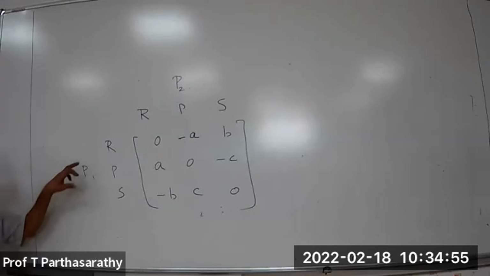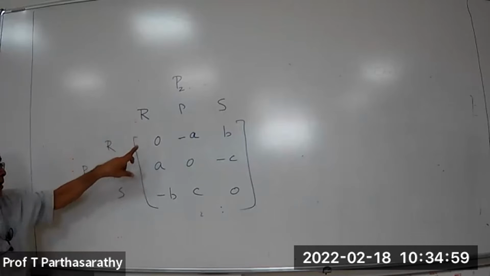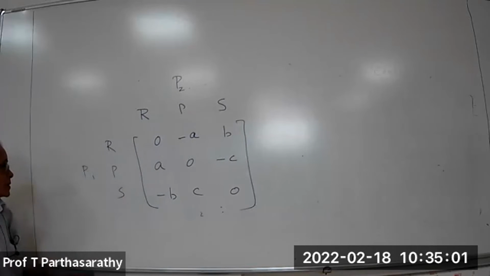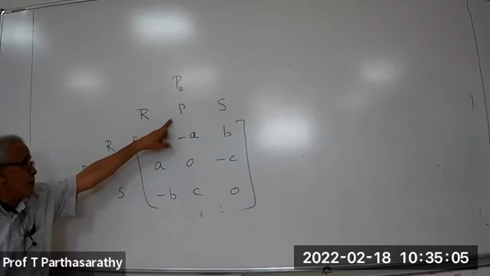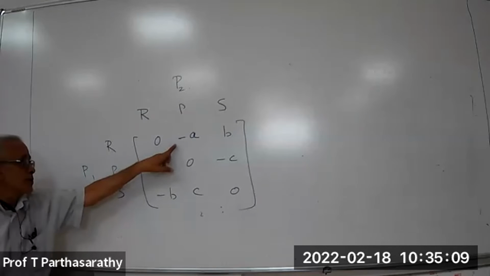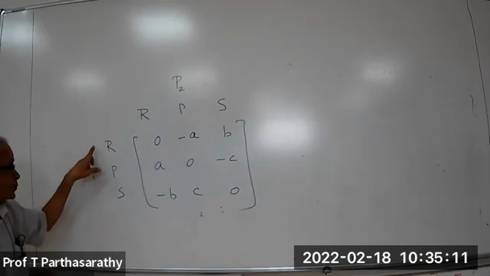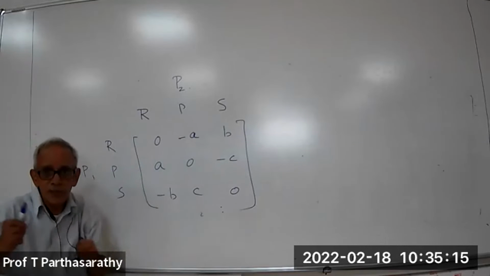What it means is player 1 chooses rock, and if the other person also chooses rock, then player 1 gets 0. If player 1 chooses rock and player 2 chooses paper, paper can fold the rock, so player 1 loses. So it is minus A. If player 1 chooses rock, player 2 chooses scissor, rock can spoil the scissor by hitting.